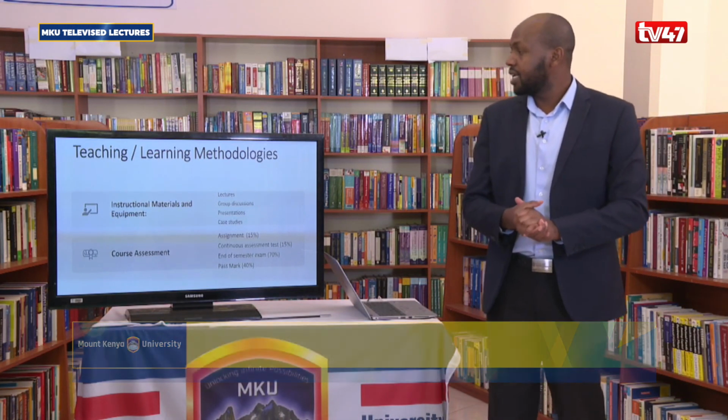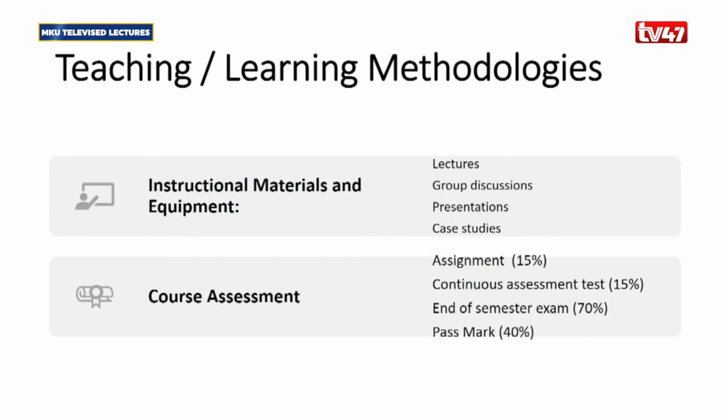The delivery of this unit will be through lectures like the one we have right now, and we'll also be having group discussions. That's the assignment given to students during class, formed in groups, where you have to research, come up with a presentation and present in class.